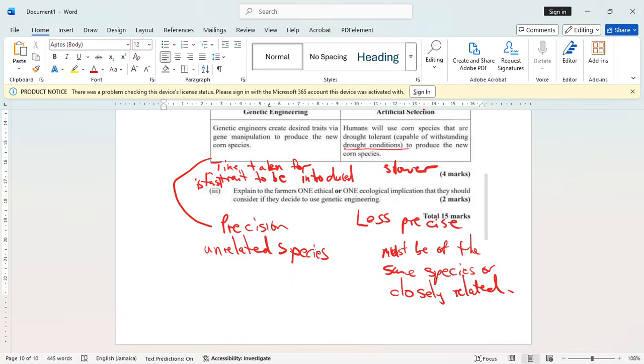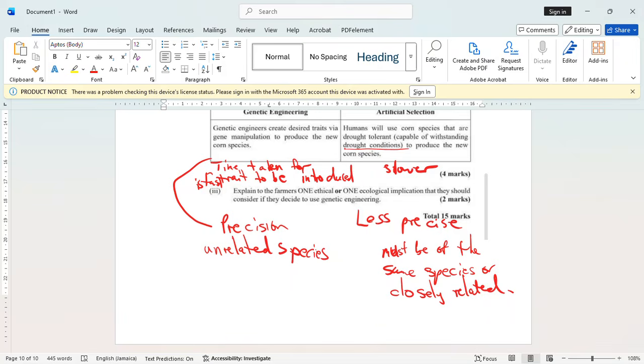While for artificial selection, it must be related to the species, so you can't use an orange and try to pollinate a corn. That's not going to happen. But with engineering, you could take something from an orange plant and put it into a corn plant. So that's the disadvantage right there.